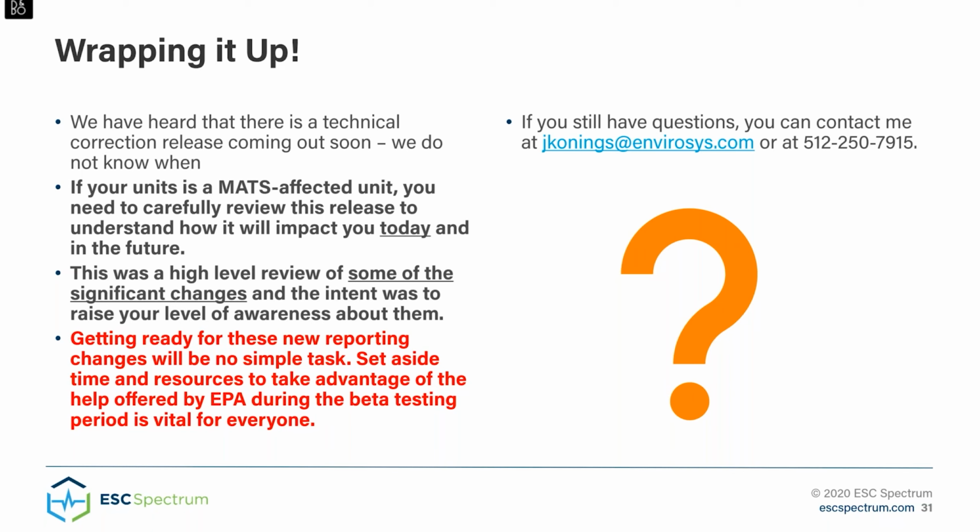So to me, if in the past people were reporting downtime on a monitor by monitor basis, let's use a NOx and CO2 monitoring system, for example. If you were reporting NOx downtime on that NOx monitor, you would report that separately. If you had downtime for the diluent monitor, you would report that separately.